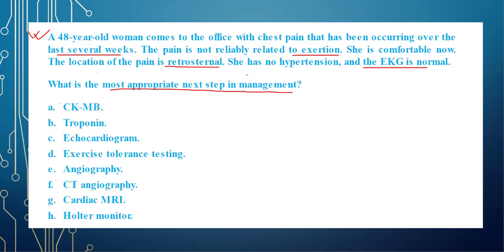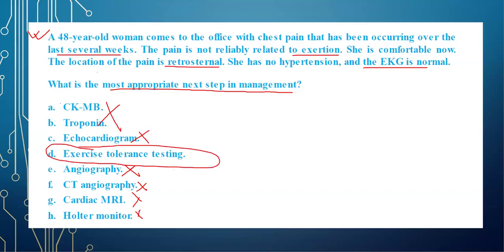So for someone like that, after ECG, if it is normal, what will you do next? Definitely, it is not a myocardial infarction, so we don't need to do any of this. We don't need to do an echocardiogram just yet. Angiogram, CT, nothing like this. This patient we can send for an exercise tolerance test.